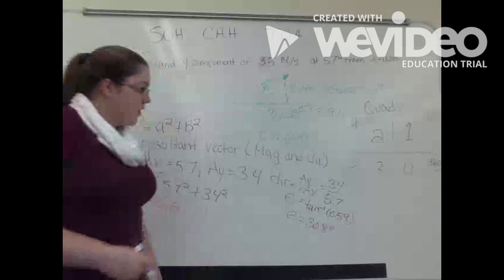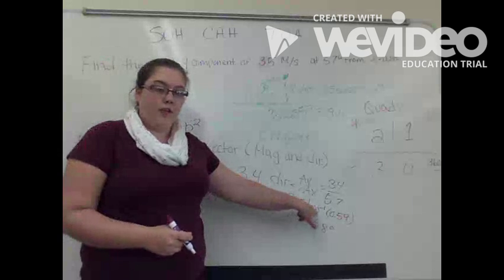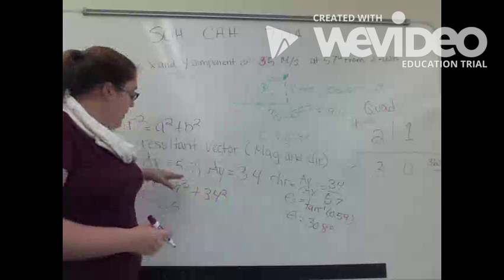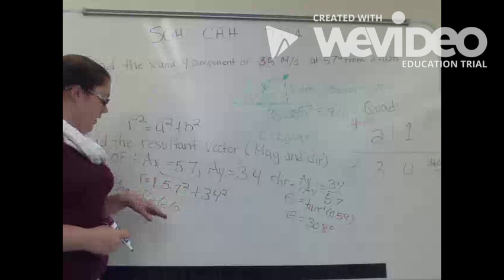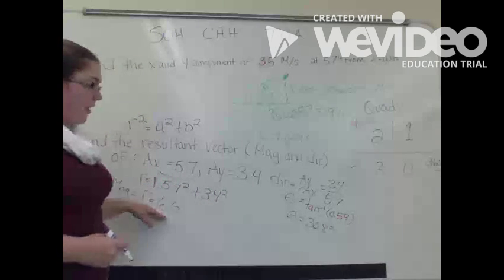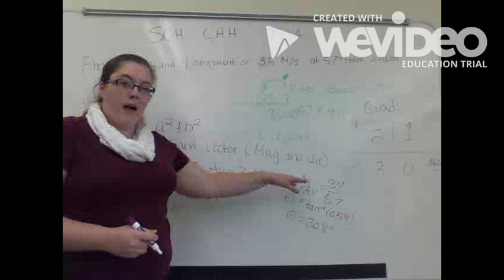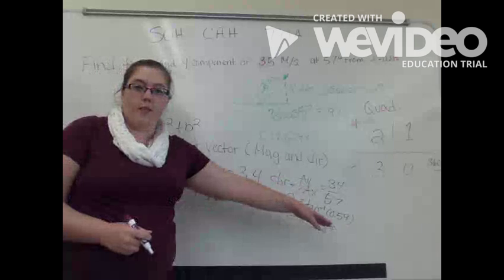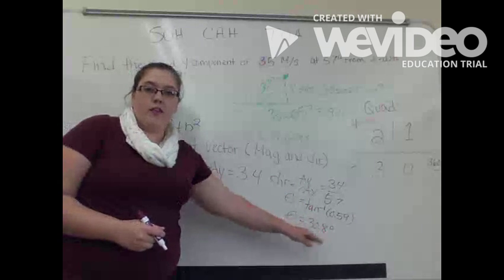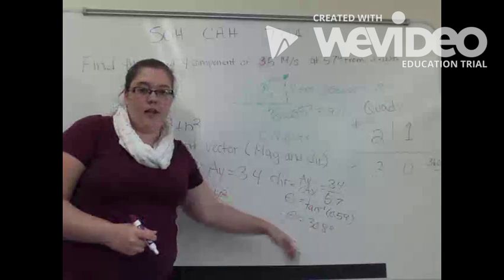Okay, so you're using the inverse tangent here. So the first thing you do is you plug in your numbers, Ax and Ay, into the Pythagorean theorem. You get your magnitude. After you've gotten your magnitude, you use y divided by x. Okay, you get a number, which in this case is 0.59. You take the inverse tangent of it. Okay, and then you get your angle.